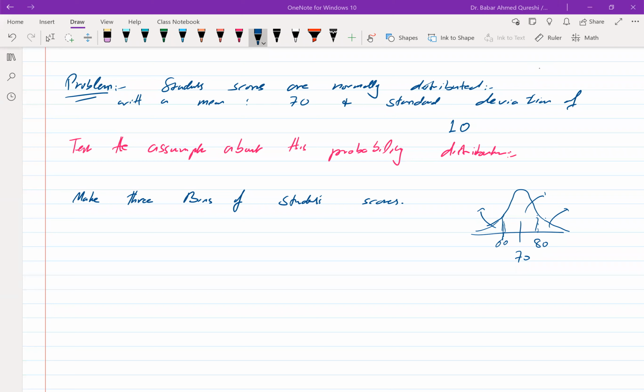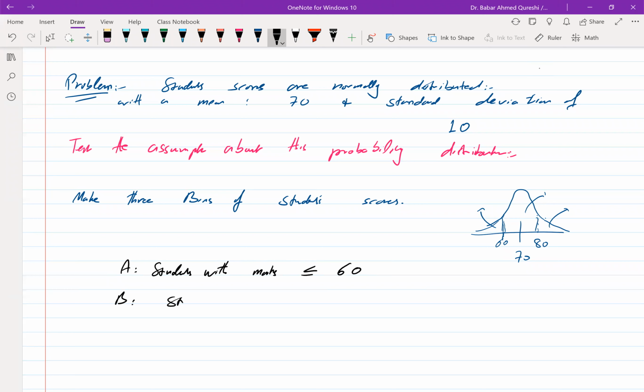So I make these 3 bins and I compute. I can call these categories: students, category A, students with marks less than or equal to 60.